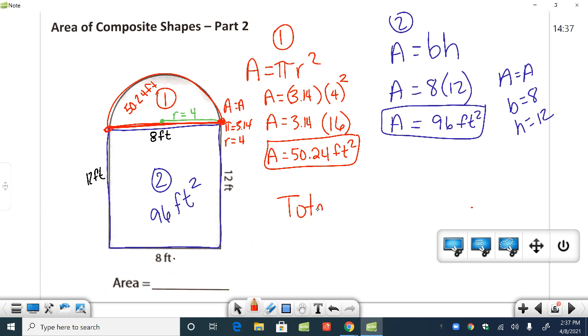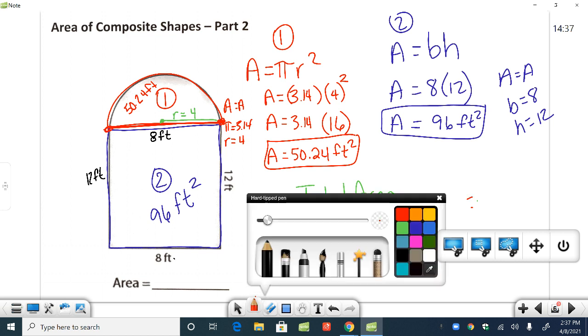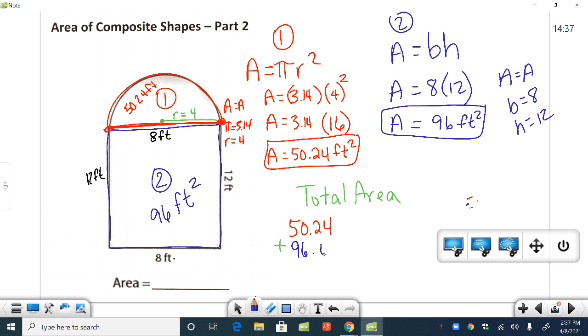So the total area is going to be, I'm going to take the 50.24 and I'm going to add it to 96, and you get 146.24 feet squared.